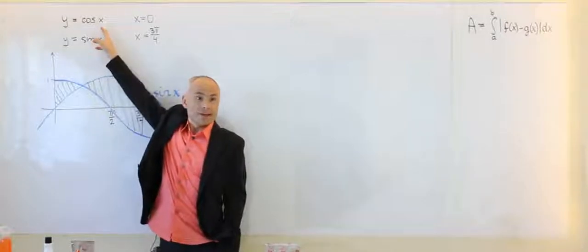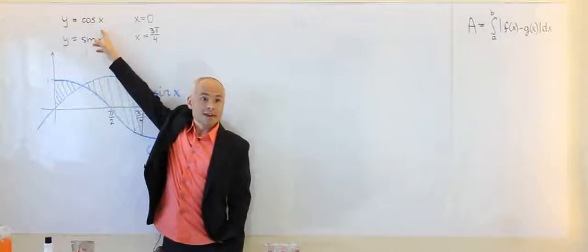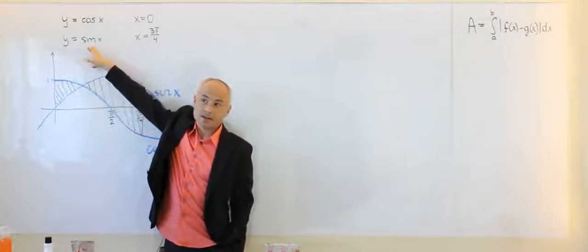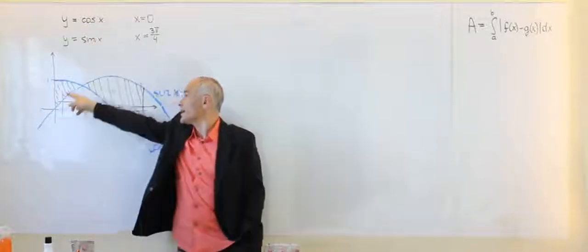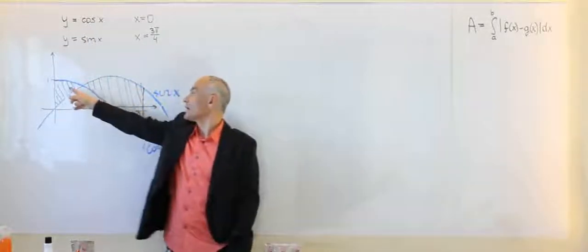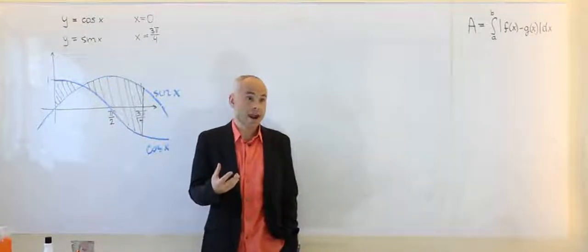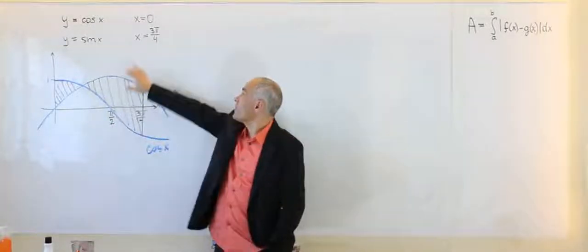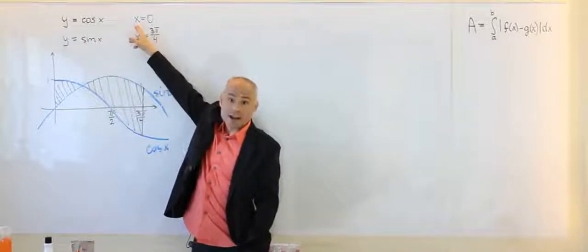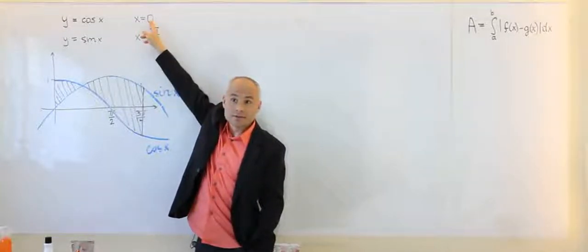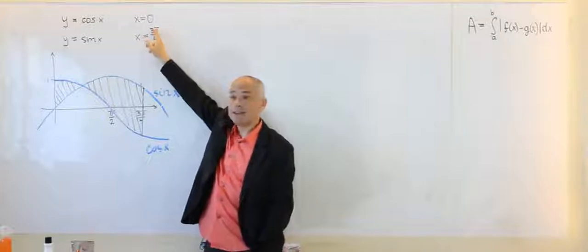Say, let's consider this. Sine of x and cosine of x are these two curves. And then we would like to get the area of the region bounded by two vertical lines, x is equal to 0 and x is equal to 3 pi divided by 4.